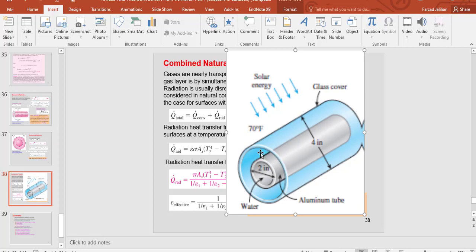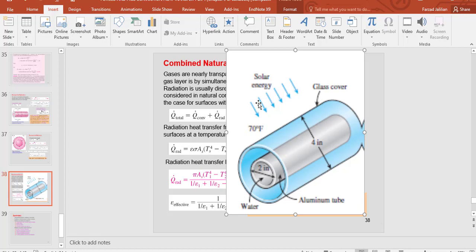So between these two there will be a fluid, for example, and if the temperatures of those two surfaces are different, then we will have convection heat transfer between them.